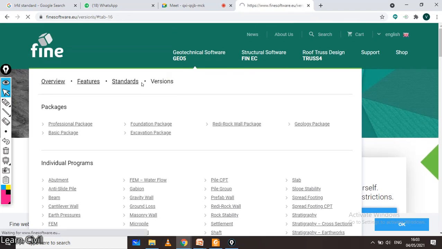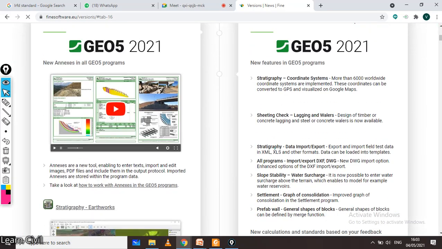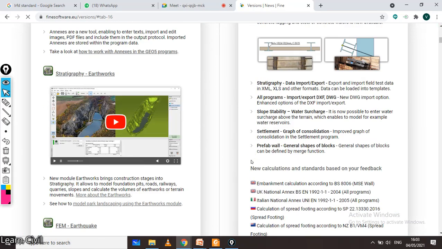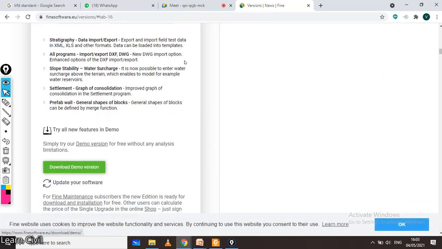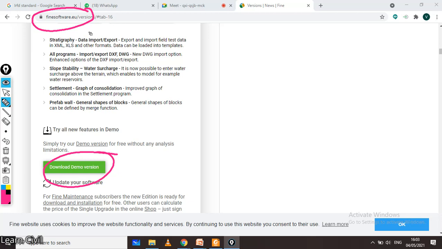I have downloaded the standard Geo5 software. Here is the link given for downloading the demo version. The website is finesoftware.eu, or you can just search on Google for Geo5 software, download the trial version, and practice on it.